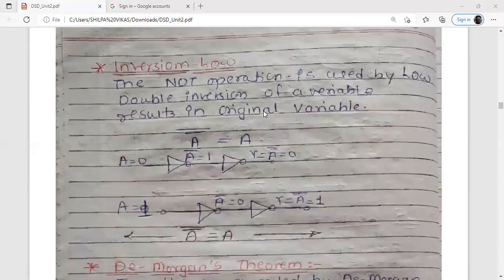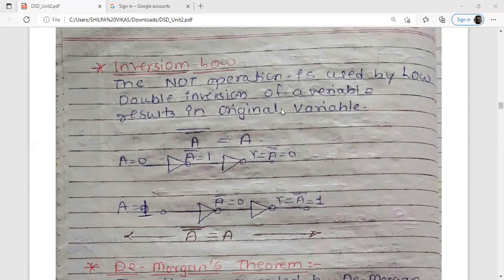Now the inversion law. The NOT operation is used by this law. Double inversion of a variable results in the original value.